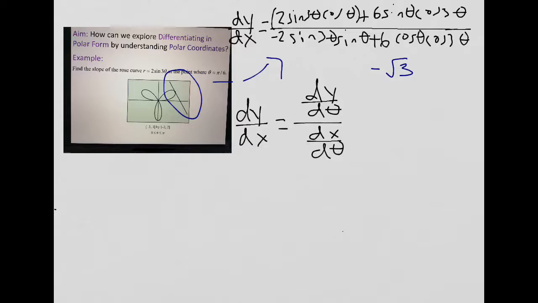So, just to let you know how that answer is a little bit different than before. Before, we got the rate of change of the radius, as we're moving away from or toward the pole, so it's 0 because there wasn't a change. But now we have an answer of the slope of the tangent line.